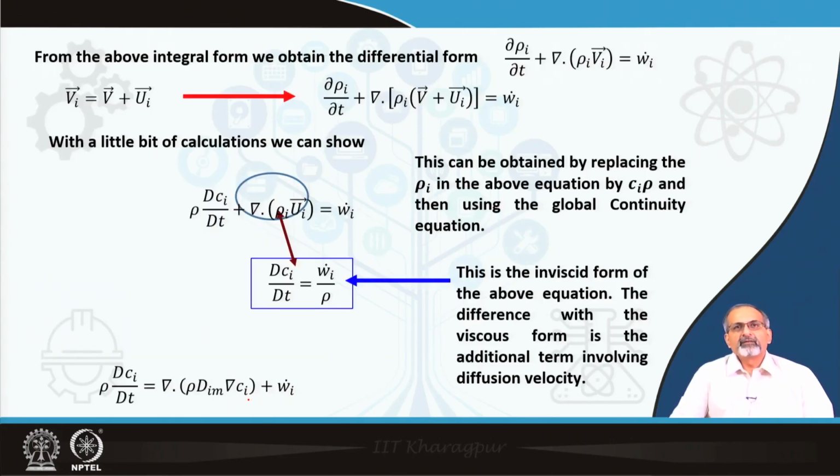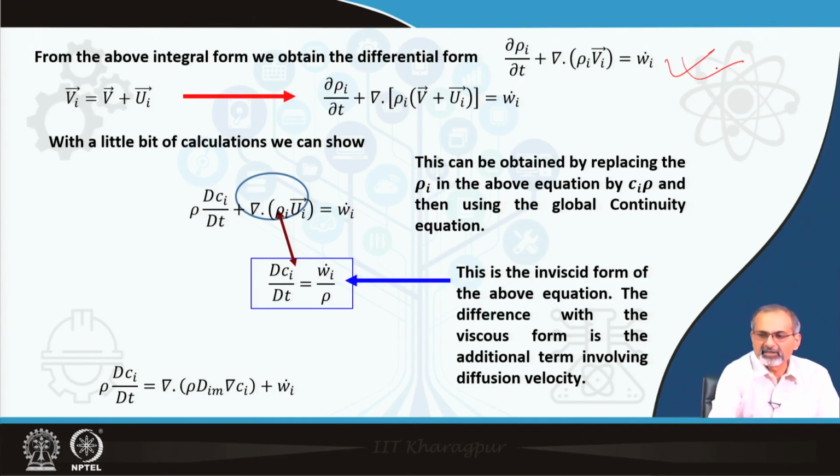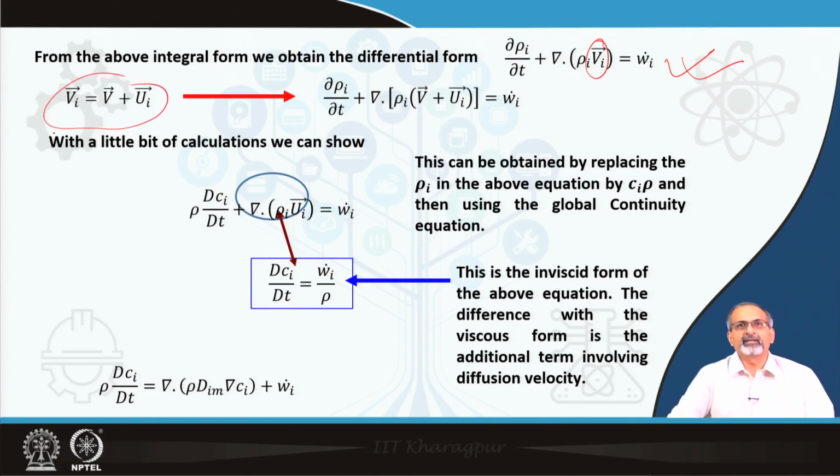From the above integral form, we obtain the differential form that we can show over here, and remember that the V I that we have over here is now going to be of a form like this. Therefore, the differential form finally gets written here, where the V vector is essentially the mixture velocity, while the U I vector is essentially the diffusion velocity for a particular species.